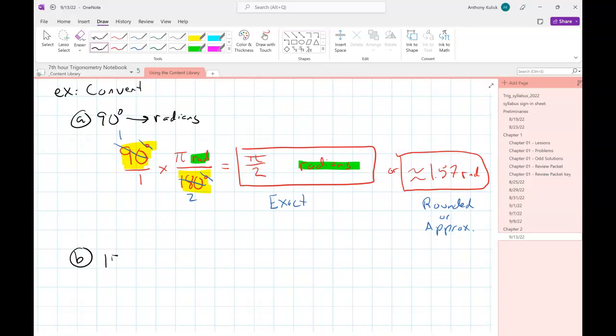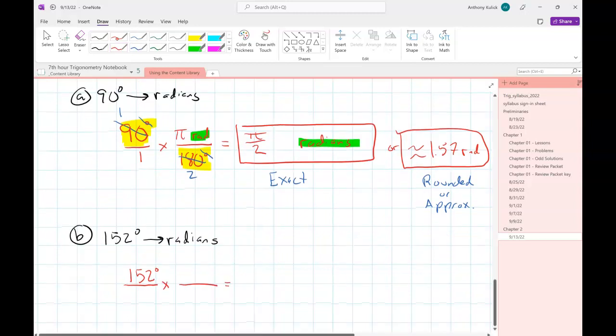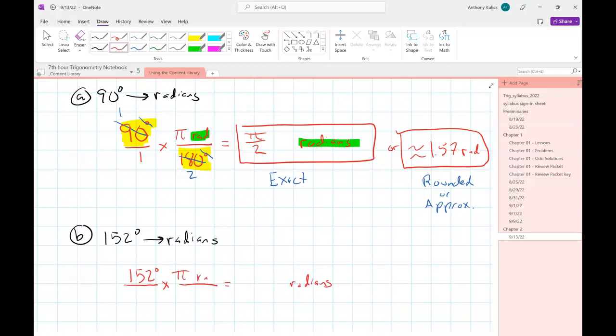Let's do another. Let's say we want to go 152 degrees to radians. I'm going to set this up the same way. And because I'm going, again, from degrees to radians, I know the conversion factor I'm going to be using will be exactly the same, right?